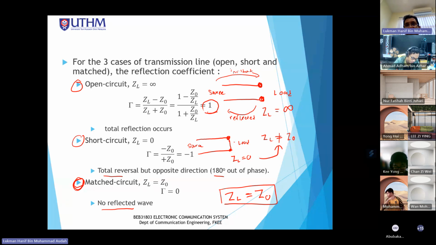There is a 180 degree phase difference between the incident wave and the reflected wave.